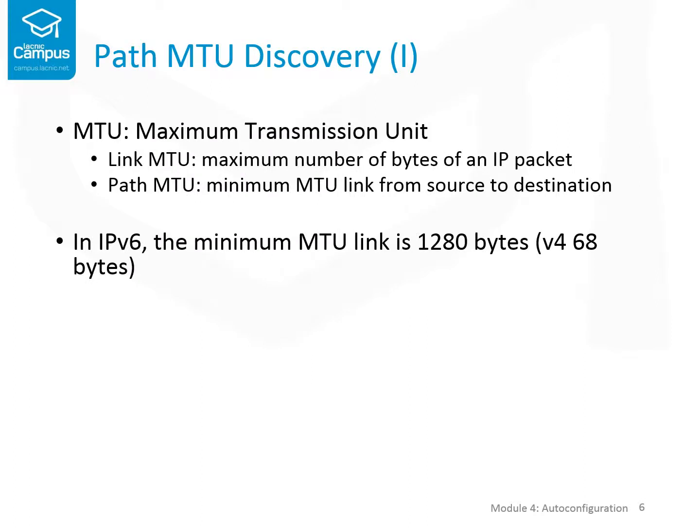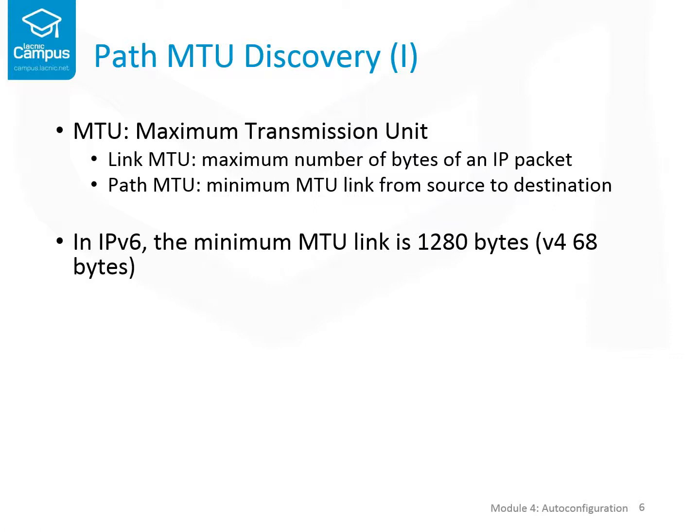Path MTU discovery. MTU, or Maximum Transmission Unit, is an important concept. It is the size in bytes of the largest packet that can be transmitted. Link MTU is the packet's maximum length in bytes, and Path MTU is the smallest MTU of any of the IP hops from a source to a destination.